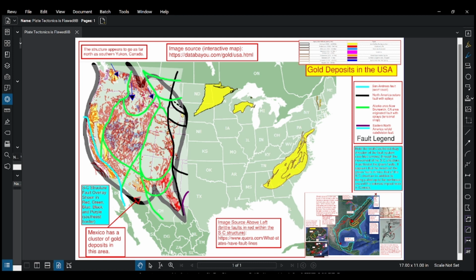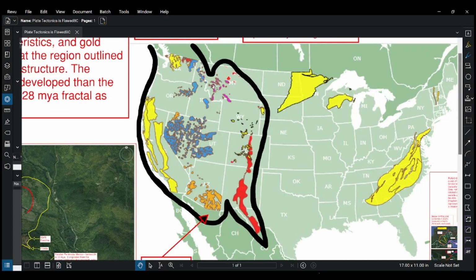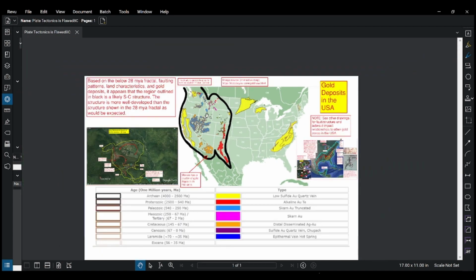And here we go again and again, but I'm going through it, and some people are going to start really taking this seriously. Okay, so here we are with those 5 zones again. Now you can see in this figure on the top more clearly the different types of gold deposits. Okay, so they're all encompassed within that black outlined SC structure.